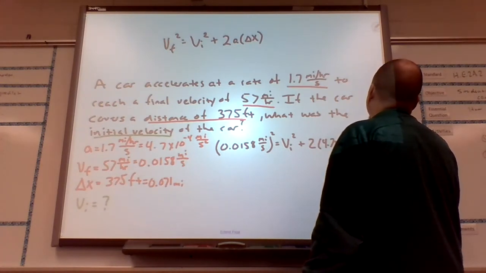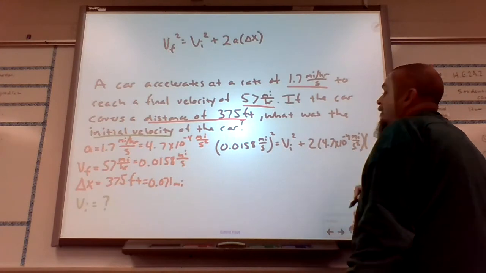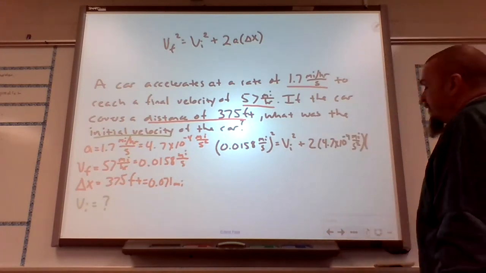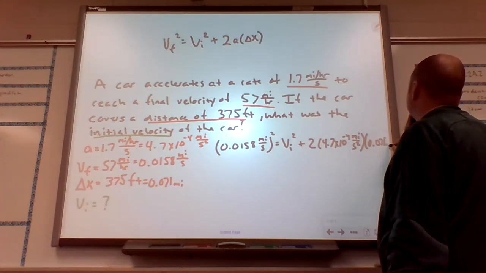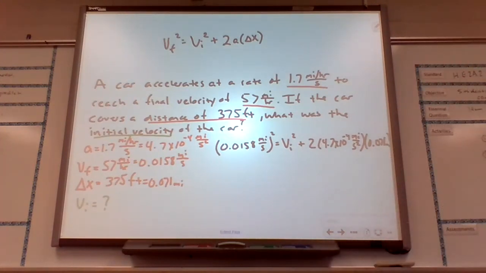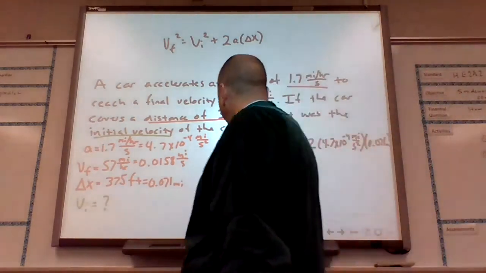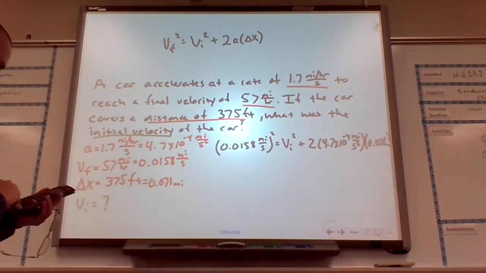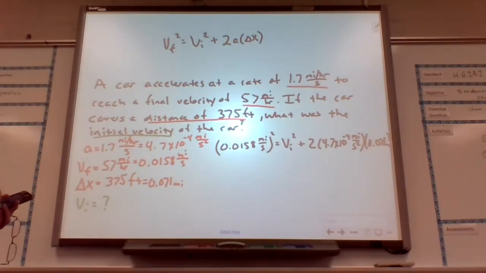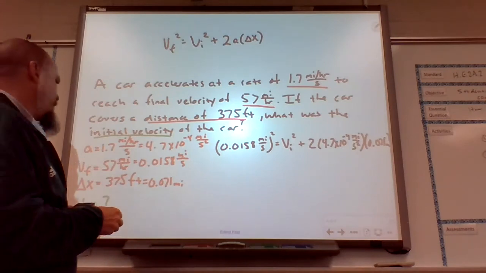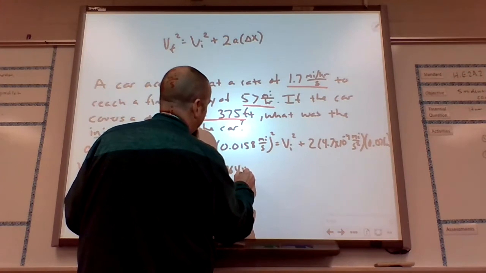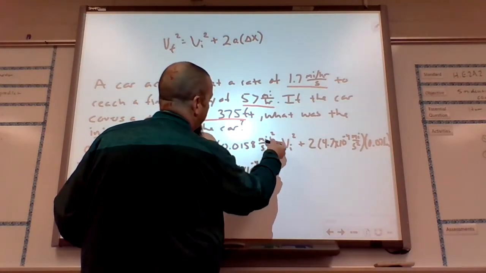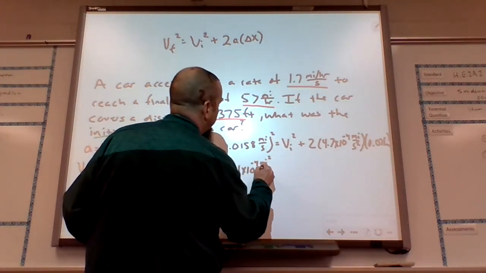Miles per second squared times 0.071 miles. So again, I'm going to do a bunch of simplification. I'm going to go ahead and square that. 0.0158 squared, 2.4964 times 10 to the negative 4. That'd be miles squared over second squared.